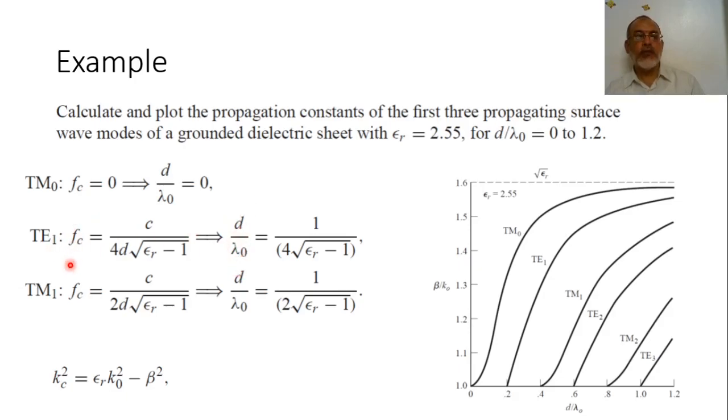Lambda naught is c over f, so d over lambda naught would be 1 over 4 square root epsilon r minus 1. By applying the value of epsilon r 2.25, we can find that d over lambda naught is nearly 0.2.